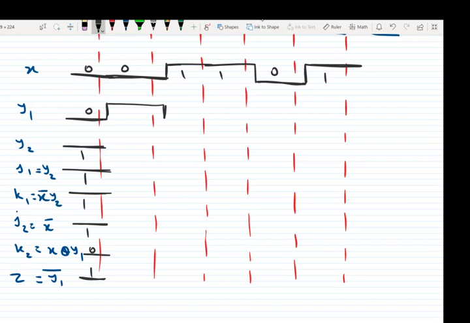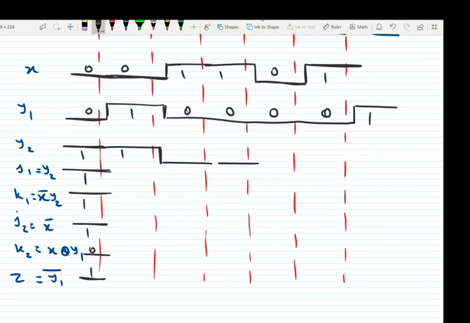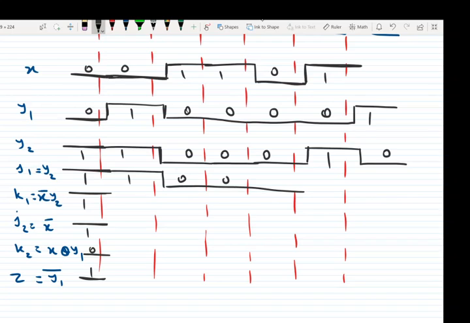You can compare this answer with your solution. Okay, Y2 is 1, 1. J1 is 1 1.